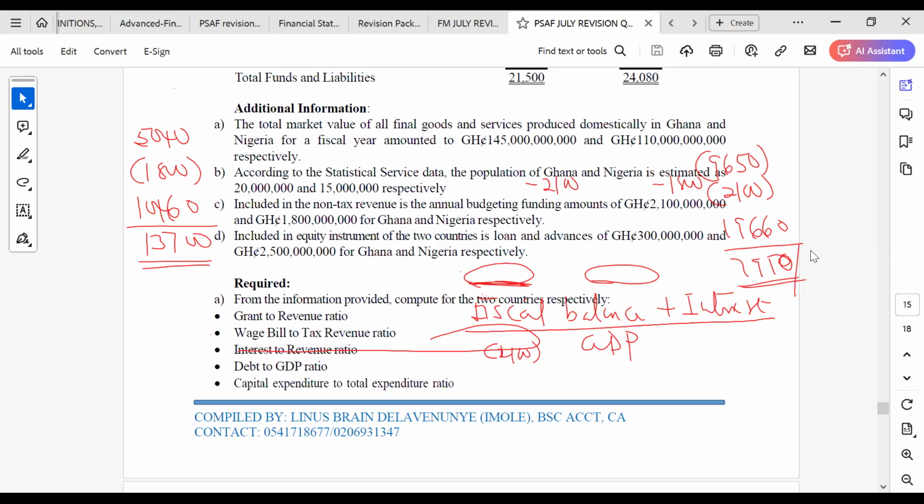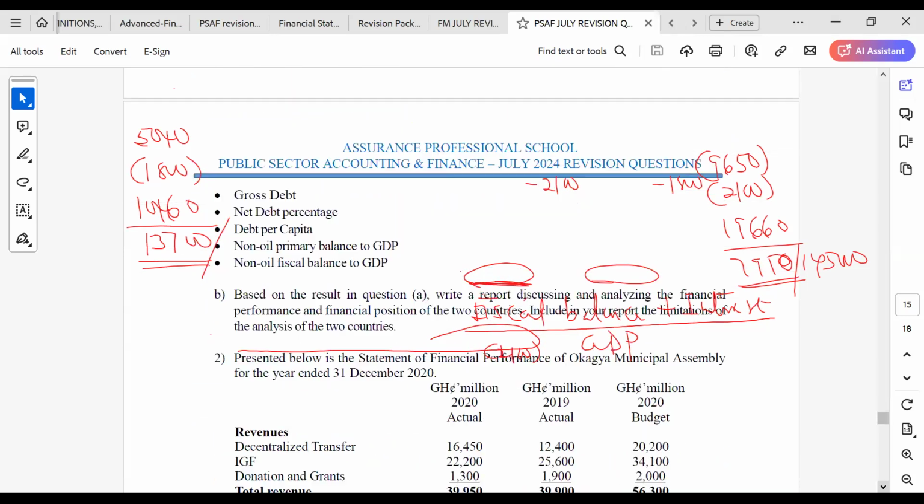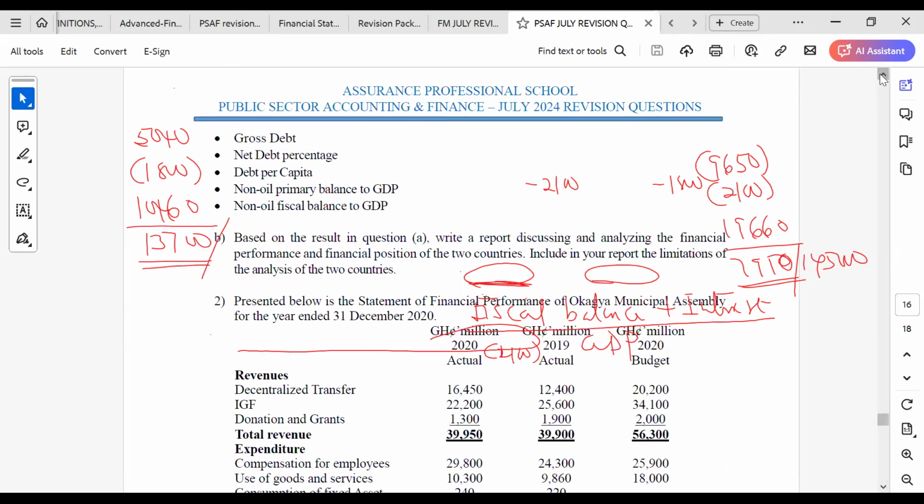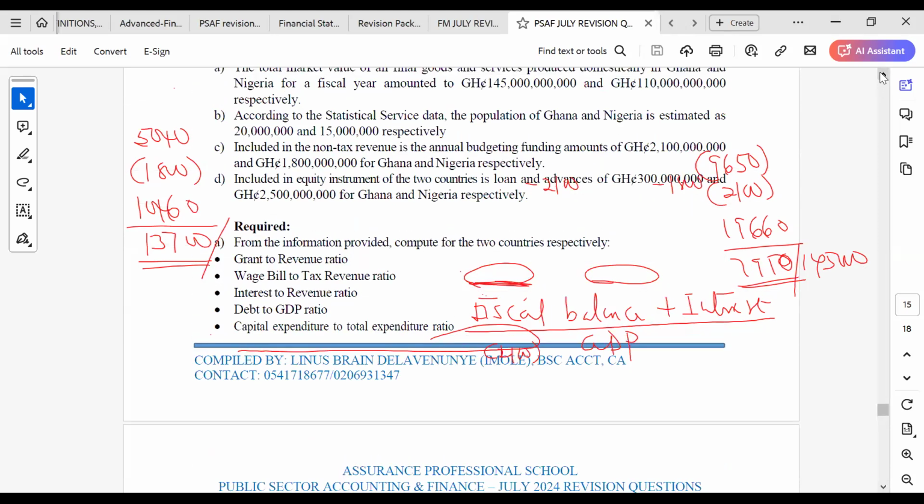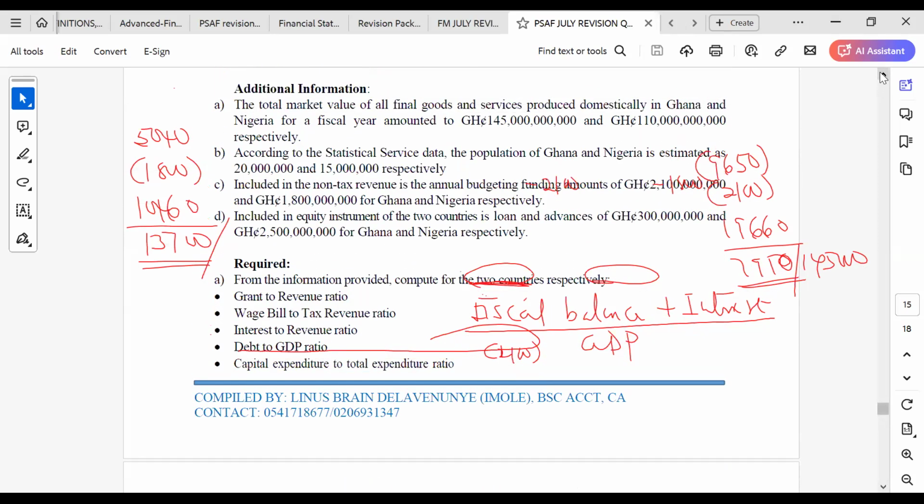All right. So let's divide it by 145,000 over here. Nigeria is 110,000, I'm sure. Okay, so that will be 110,000. Then you multiply your answers by 100%. What are we getting for Nigeria and what are we getting for Ghana?